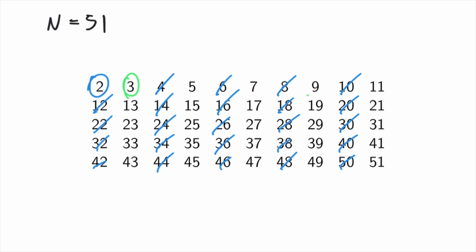And we can also cross out all its multiples. We can continue in this way. Whenever we find an uncrossed number, it's a prime, and we can cross out all its multiples because they cannot be primes. Continuing in this way, when we finish, we will only have uncrossed numbers which are prime numbers.